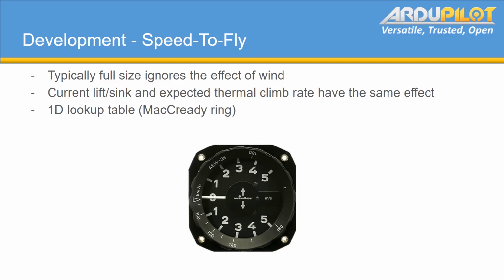So what they typically do is, because lift or sink in the air between thermals has the same effect as the expected climb rate in the next thermal, they lump those two parameters together and effectively do a 1D lookup for the best speed to fly. They very cleverly do this by adding an additional ring to their variometer, which allows them to adjust their expected climb rate and read off the best speed to fly.